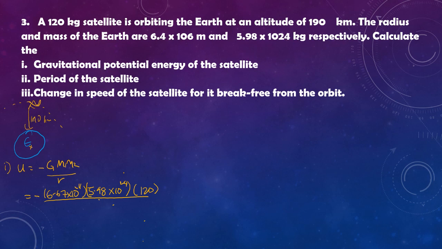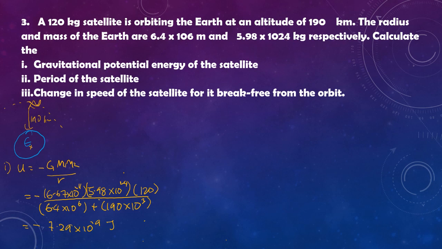The radius of the Earth is 6.4 times 10 to the power of 6, plus its altitude of 190 kilometers, so 190 times 10 to the power of 3. So for the final answer we will get negative 7.29 times 10 to the power 9, and the unit for energy is joules. Okay, done.